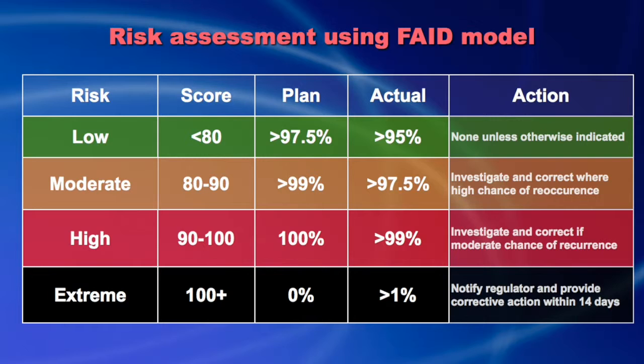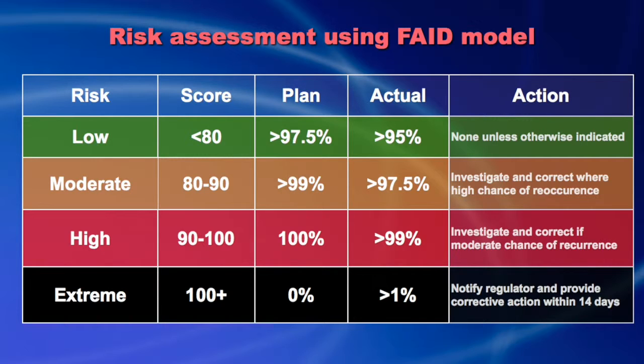And conversely, if you go to the top right, in actual fact, that is what actually happens on the day. If you get it right 95% of the time, you're probably doing a pretty good job. And then you'll see within the yellow and red zones that there are some flexibilities provided that enable people to have small excursions outside of that 80 framework, provided that they are appropriately managed.